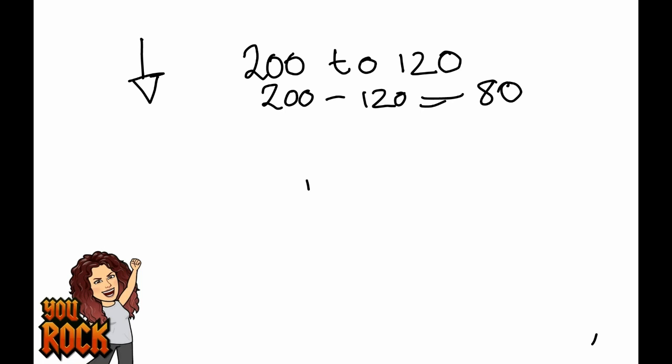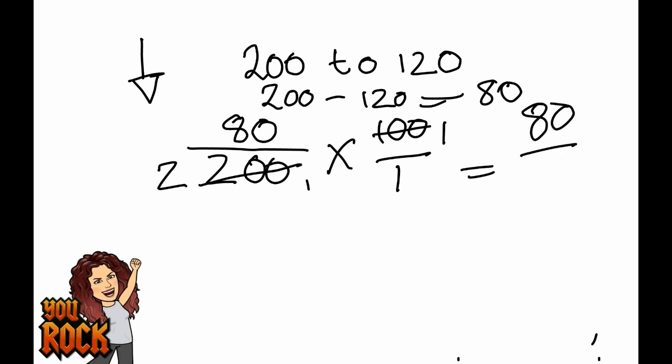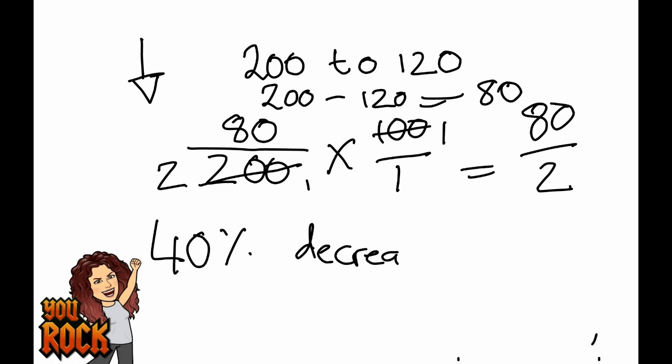So when I write my fraction, 200 is my original number, so that's my denominator, and 80 is going to be my numerator, times by 100 over 1. 100 goes in there twice, 100 goes in there once. 80 times 1 is 80, 2 times 1 is 2. 80 divided by 2 is 40%, and we saw at the start that it was a decrease.